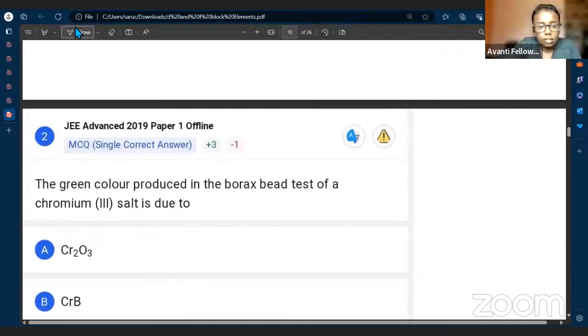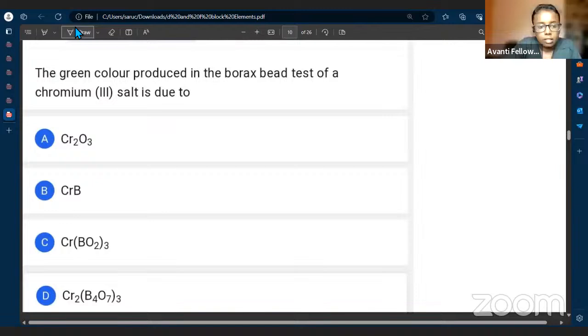Okay, so the next question is, the green color produced in the borax bead test of a chromium 3 salt is due to the formation of Cr2O3, Cr(BO2)3, CrBO2, or Cr2B4O7.